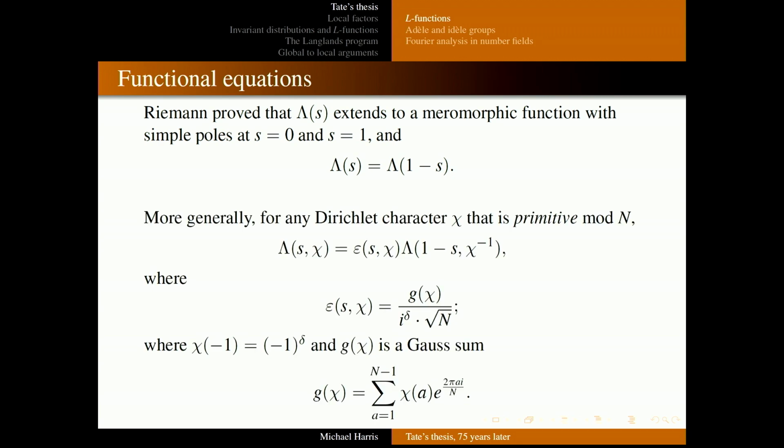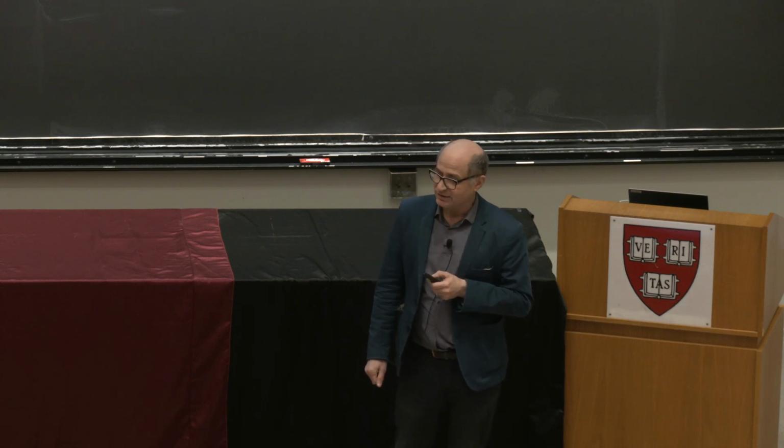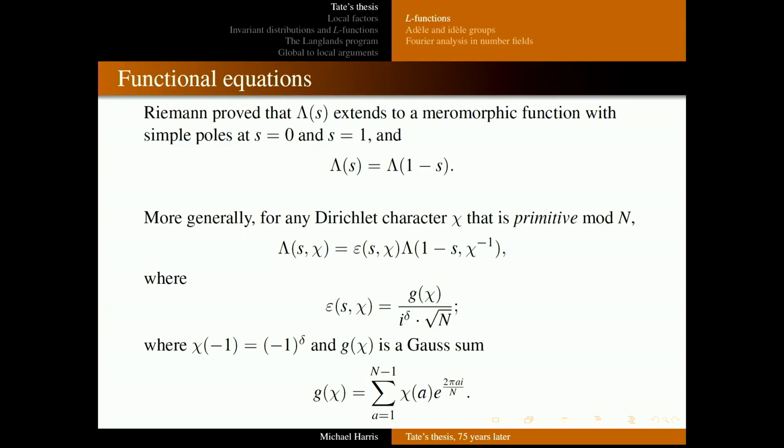And if you take a primitive Dirichlet character, then there is also a functional equation, but it's a bit more complicated. First, the character changes to its inverse, and then it gets multiplied by this epsilon factor, which has no better name than epsilon factor, which in this case is the quotient of a Gauss sum attached to the character by either 1 or i times the square root of the conductor.